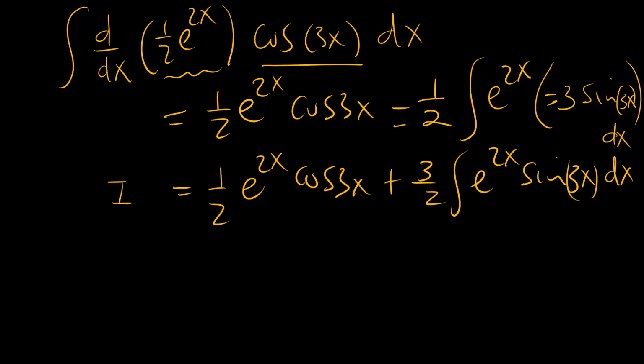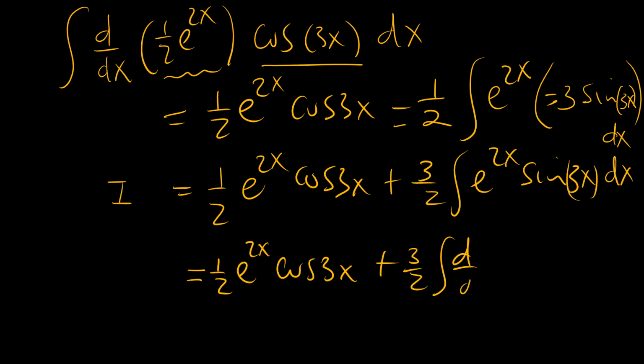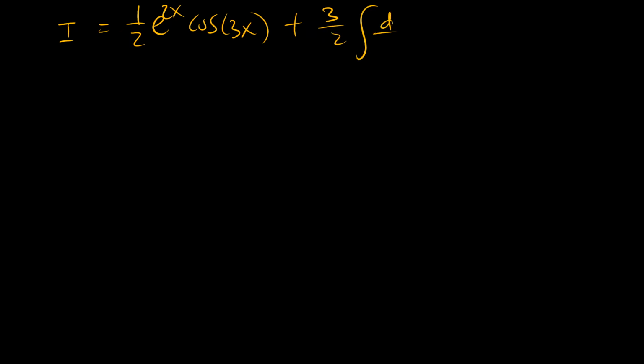And then we continue again and we say, okay, this is the same as a half e to the 2x cosine 3x plus 3 over 2 times the integral of the derivative of a half e to the 2x sine 3x.